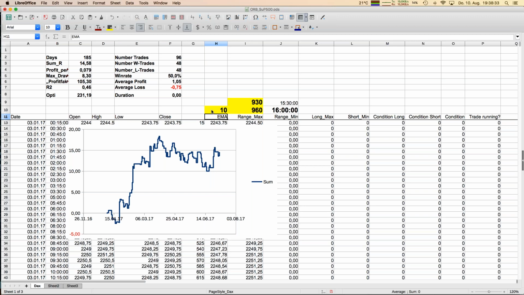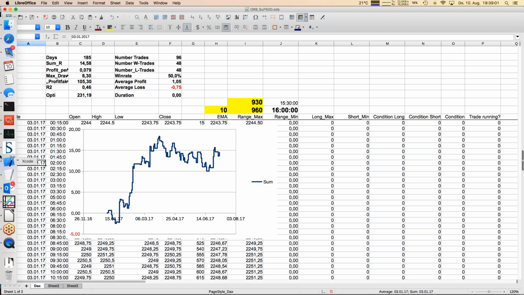You can have that Excel sheet even with more data, then just send me an email, and you can even replace the data here by other underlyings. You might change the times and get your own private breakout strategy being tested, and you will get the equity line and the key figures about that kind of strategy. So that was the Excel one.